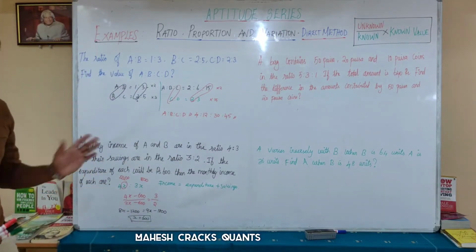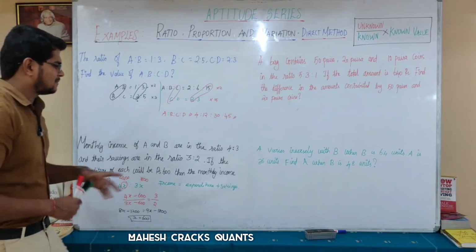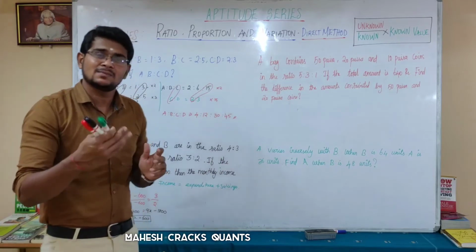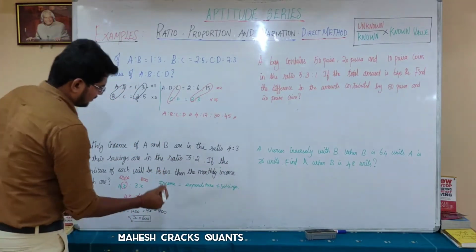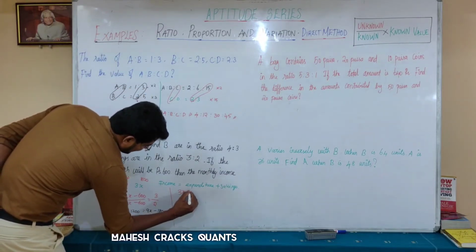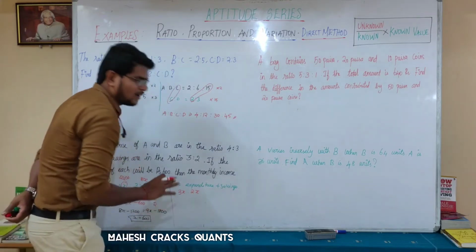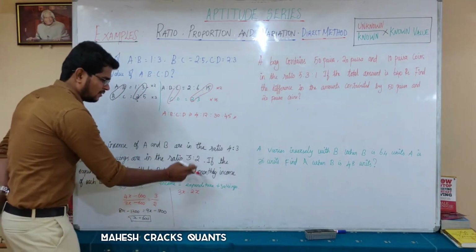Okay, this can also be solved using the increase method, which is nothing but expenditure plus savings is income. So take the savings value first. I am taking 3x and 2x, because now I am going to find savings alone. If you want to find savings, you have to take this ratio.